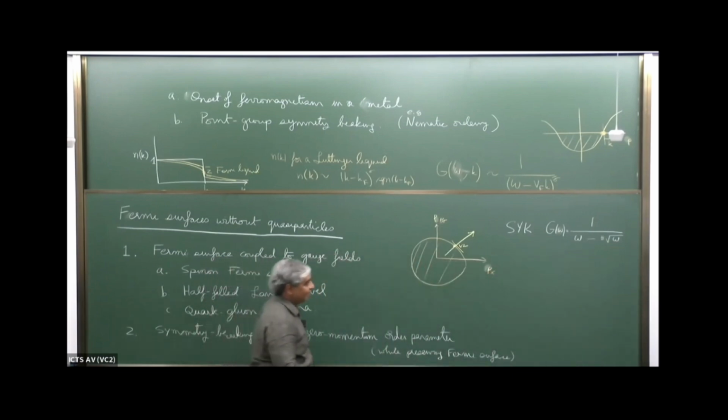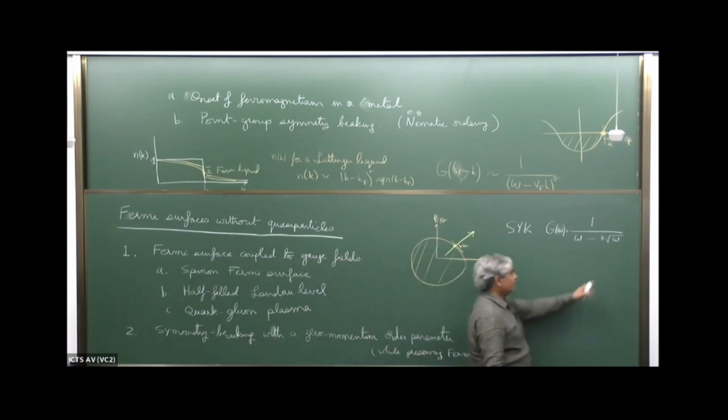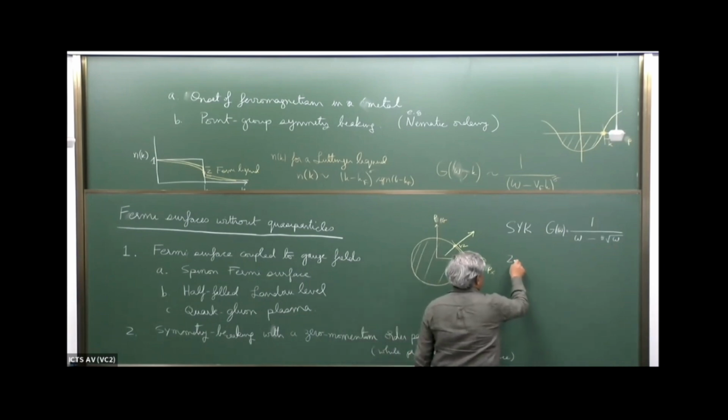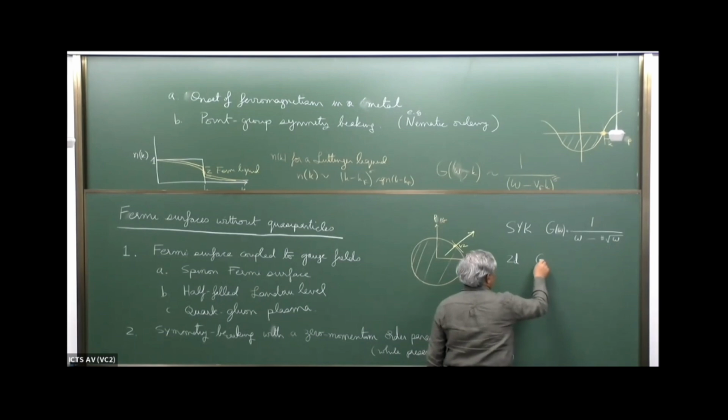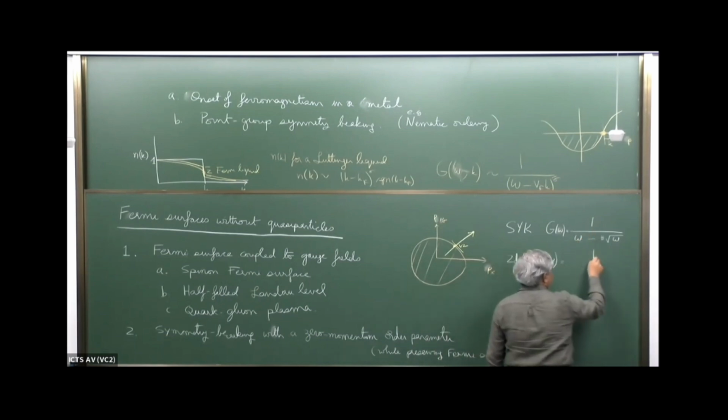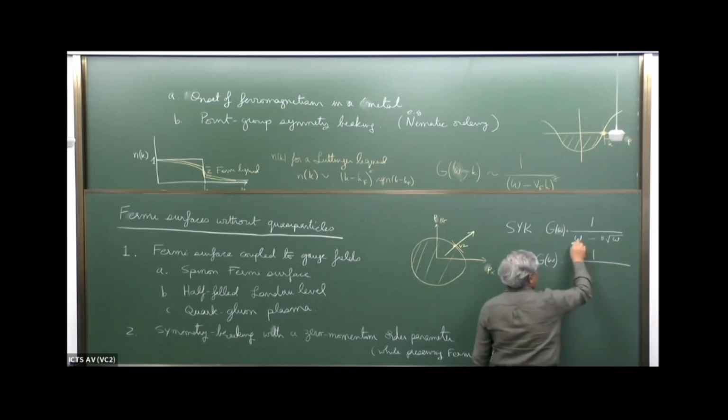There was a singularity which was purely local and just depended on a singular omega dependence. And for the non-Fermi liquid in 2D, what we're going to show is G of omega is very similar. So this omega term we drop because at low frequencies, it's much smaller than this term.